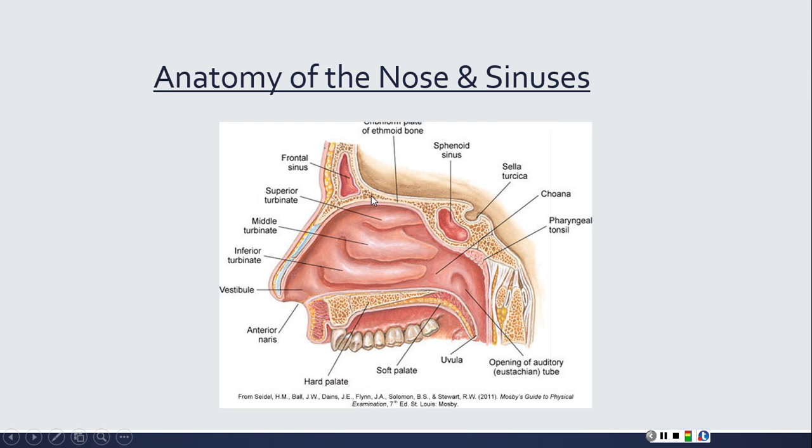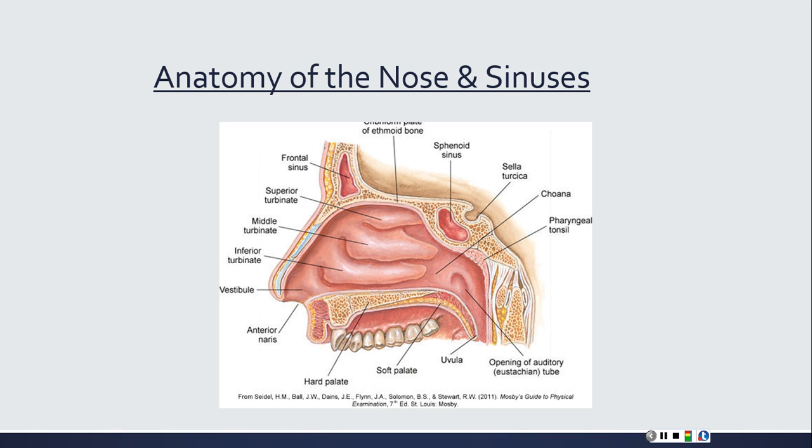You see your sinuses here, the frontal sinus, the sphenoid sinus. These turbinates. Does anybody know the function of the turbinates? Humidify. Okay. Warm. How does it do that?